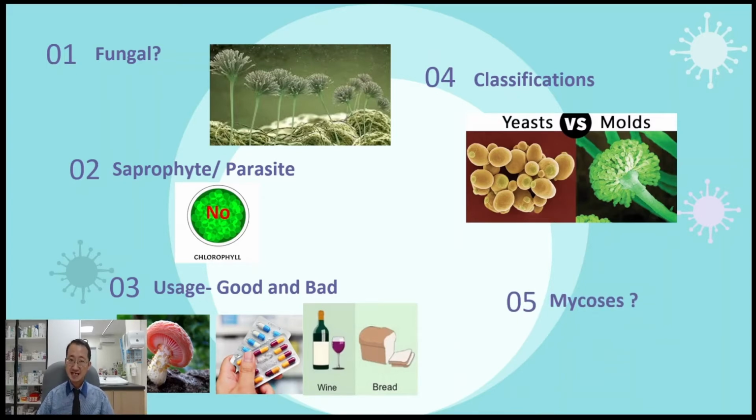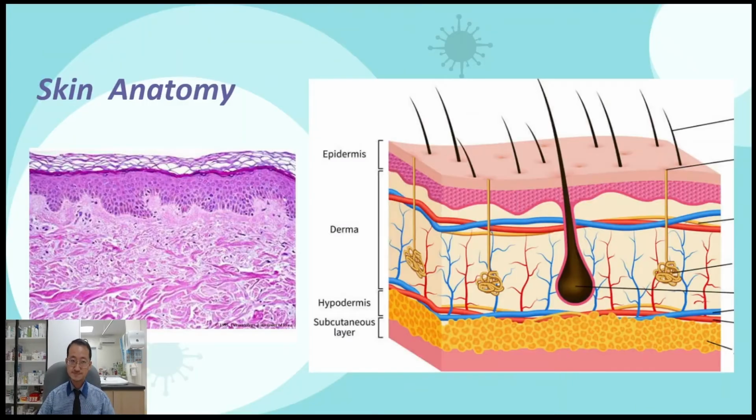Mycosis is the study of fungal diseases. Before this, let us look at the skin anatomy. Our skin is divided into three layers, which are the epidermis, dermis, and subcutaneous layer. I will mainly focus on our epidermis.